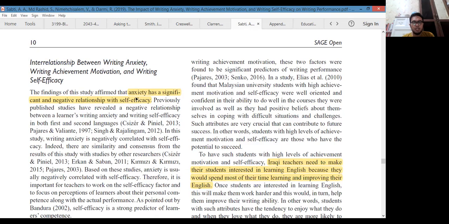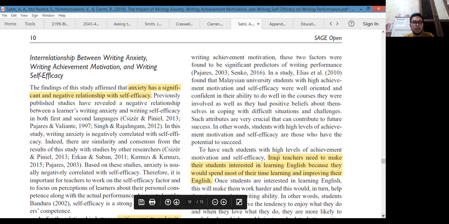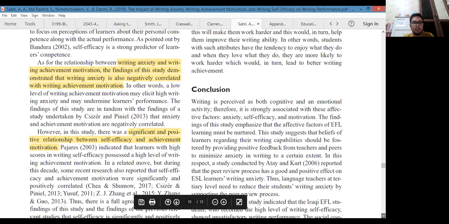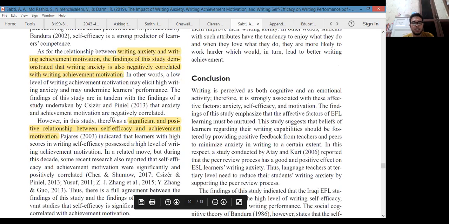The findings show that anxiety has a significant and negative relationship with self-efficacy. Moreover, writing anxiety also has a negative correlation with achievement motivation. And the last finding is a significant and positive relationship between self-efficacy and achievement motivation.